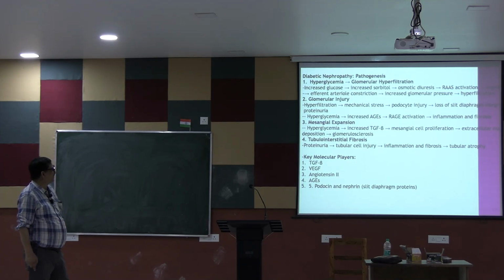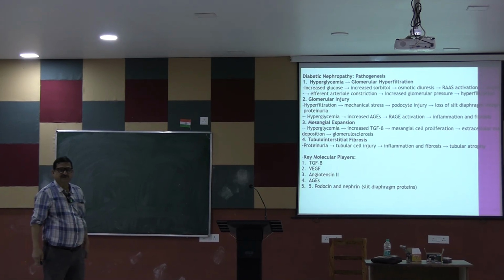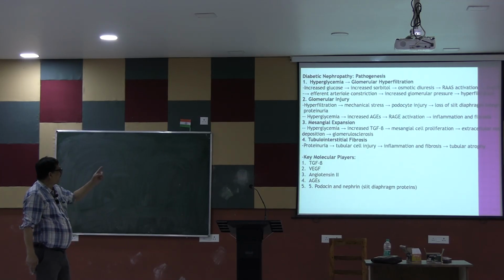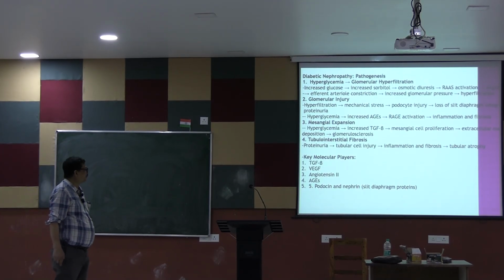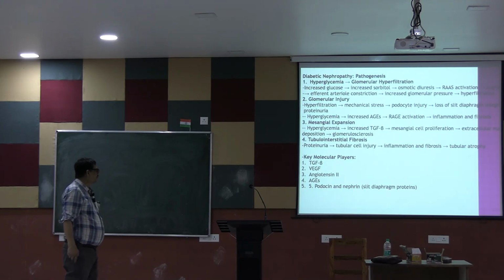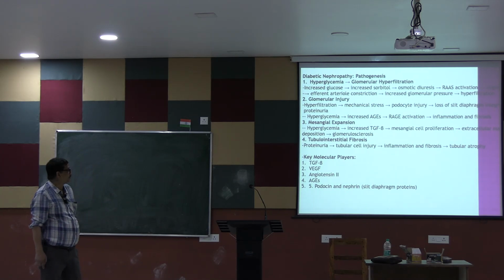Glomerular hyperfiltration leads to mechanical stress, podocyte injury, loss of slit diaphragm, proteinuria, and here albuminuria starts. Hyperglycemia leads to increased AGEs, RAGE activation, inflammation and fibrosis. Again hyperglycemia leads to increased TGF beta, mesangial cell proliferation, extracellular matrix deposition and glomerulosclerosis. And ultimately with this proteinuria, there will be tubular cell injury, inflammation and fibrosis leading to tubular atrophy.